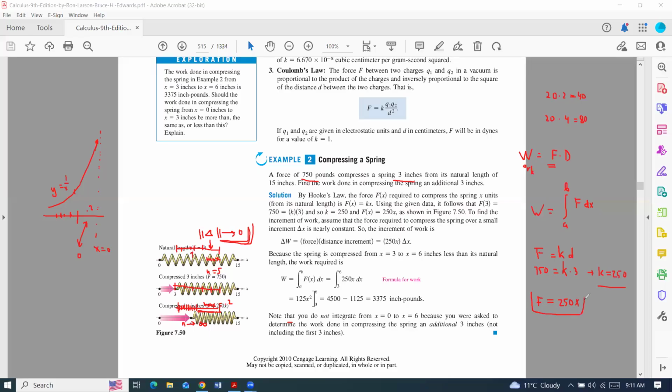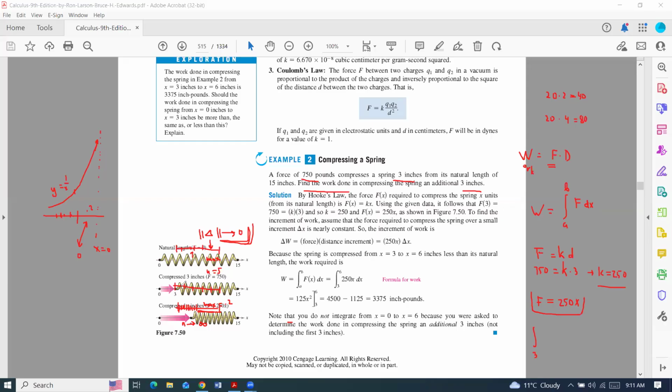So now you have a function of x, f of x, that we produced. So now that's what I'm going to integrate, and they give me some more information. So now I read further. It says, find the work done by compressing the spring an extra 3 inches. What does that mean? Extra 3 inches. So we already started at 3. So we already compressed the spring.